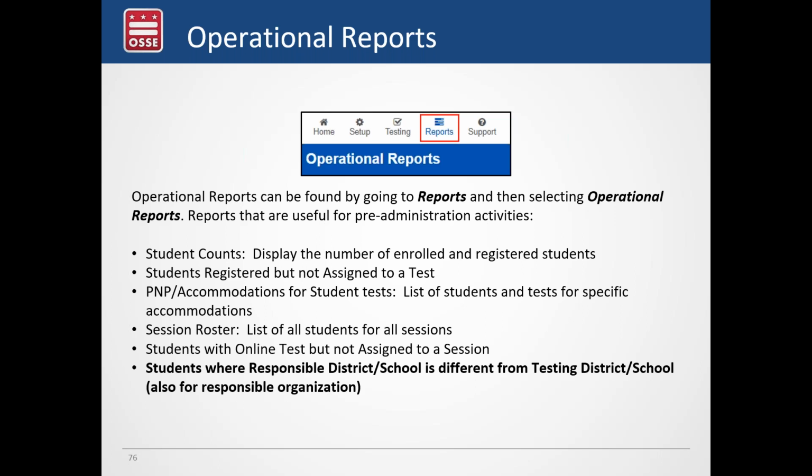Again, another double check before you start that testing. And then students with an online test but not assigned to a session. So if I've got Johnny over here and I needed to fix his test, but what if I forgot to put him back into a session? That report will help me figure out why I don't see him anymore.